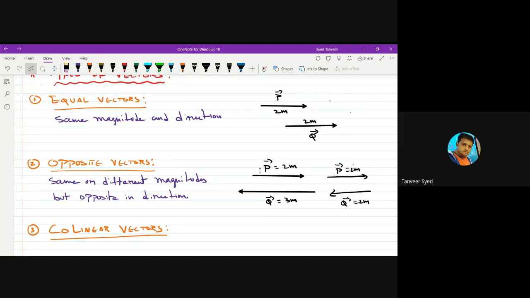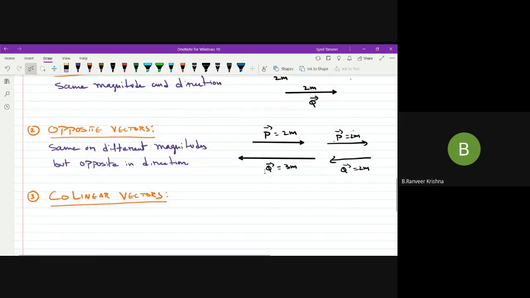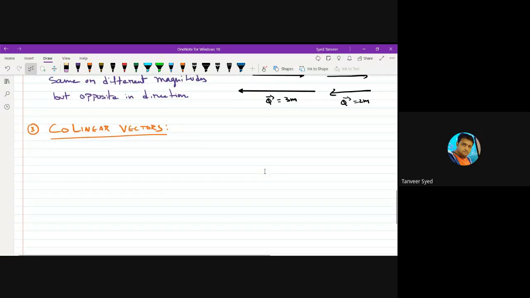Yes. Can we call two vectors equal vectors if they are parallel also, sir? It means the same thing, no? Parallel means same direction, but their magnitude should also be same. Okay, sir. That means if only parallel, we cannot tell they are same. Okay, sir.